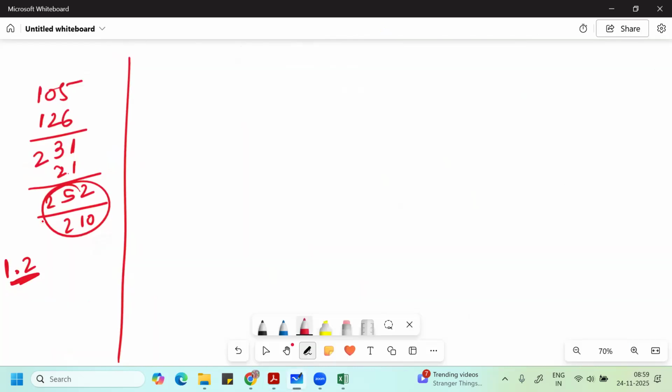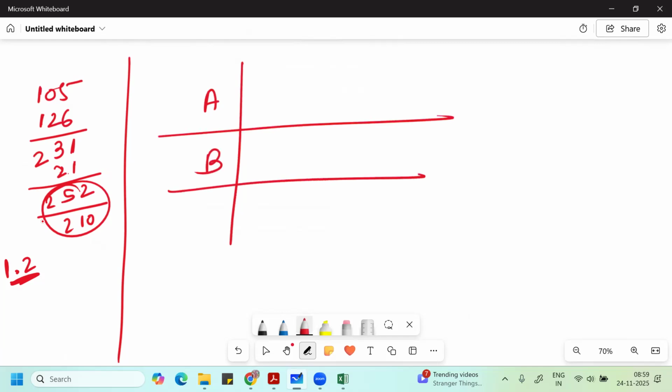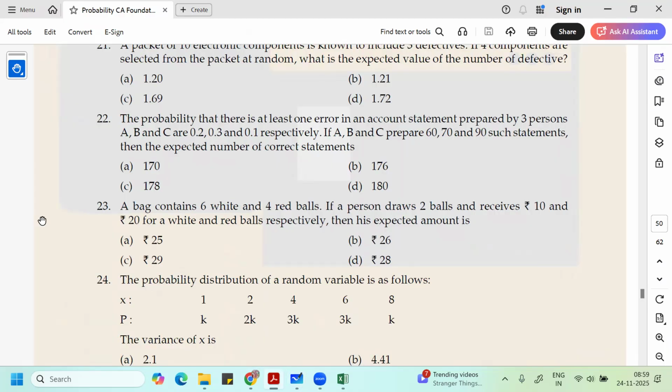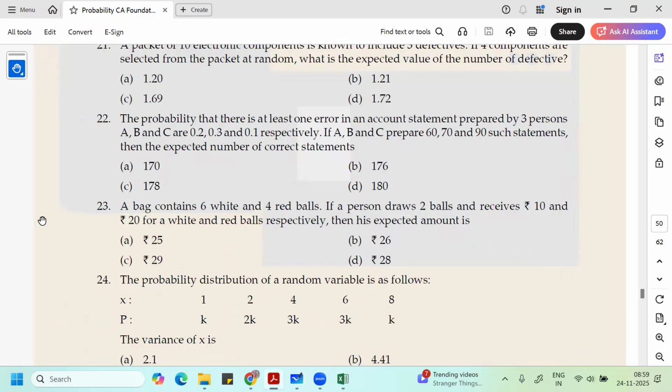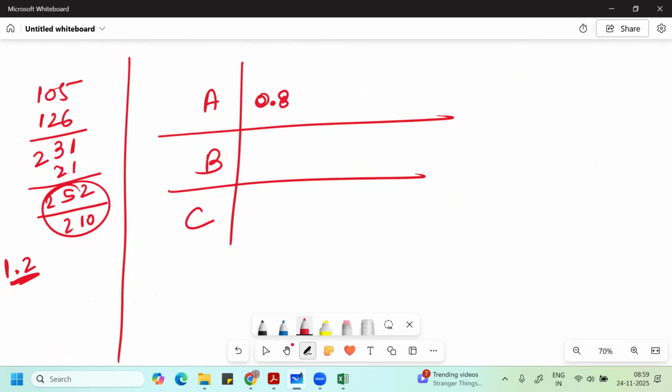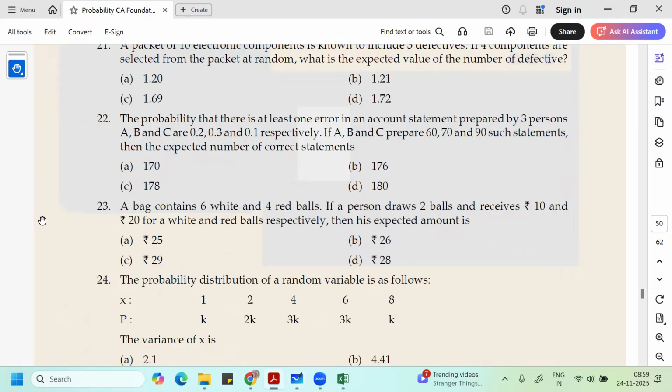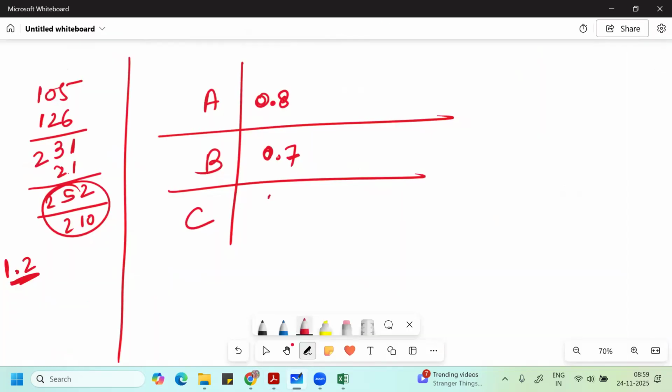So for A, no error probability would be 0.8. For B, no error probability would be 0.7. For C, no error probability would be 0.9.